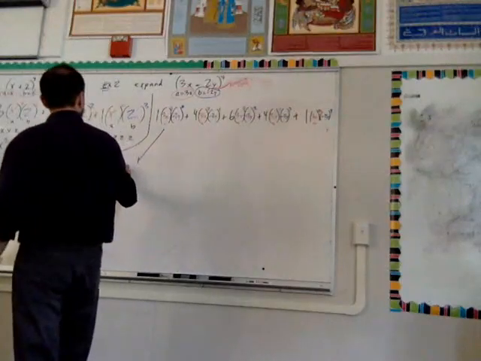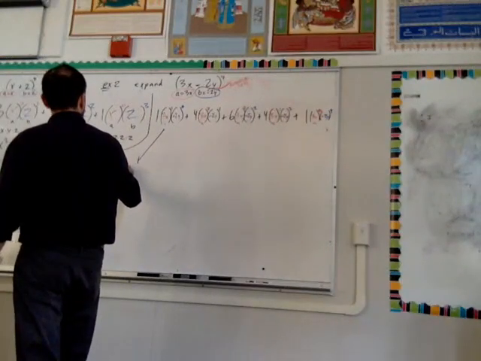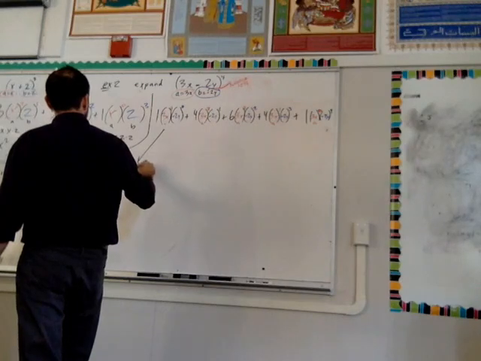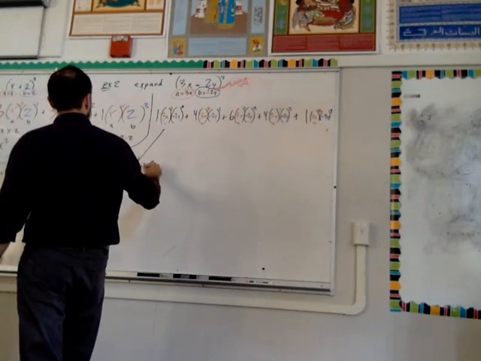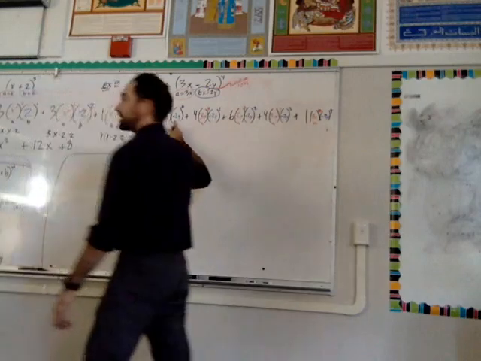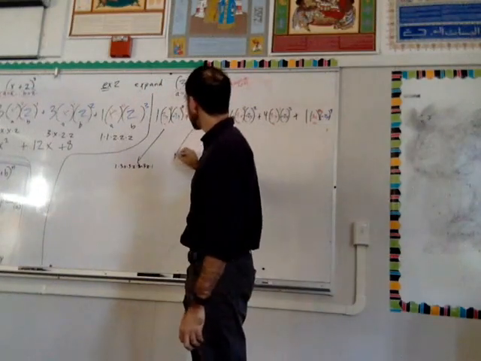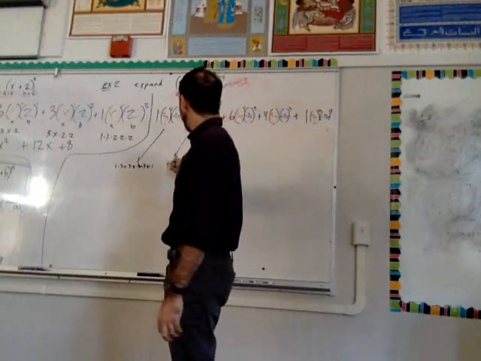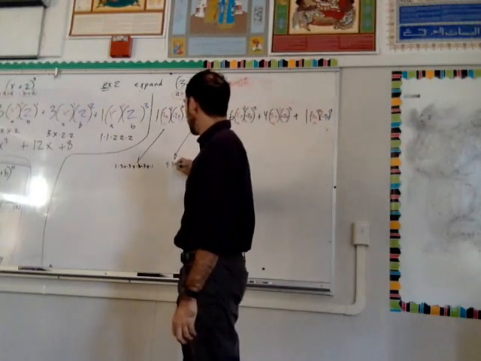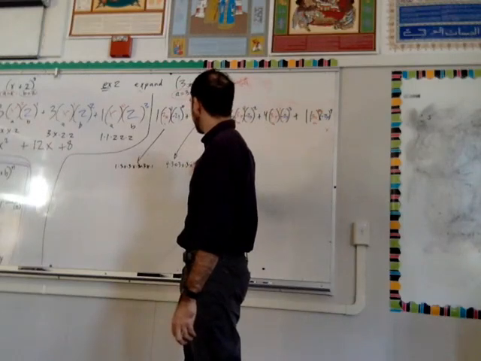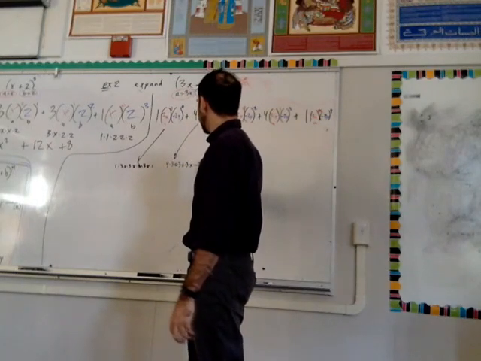But let's expand it. 1 times 3 times x times 3 times x times 3 times x times 3 times x times, what's this to the 0 power again? 1. This, 4 times 3 times x times 3 times x times 3 times x times negative 2 times y.